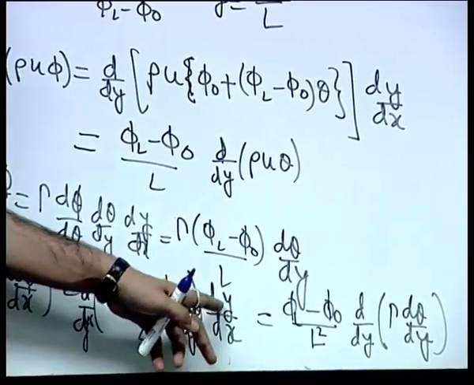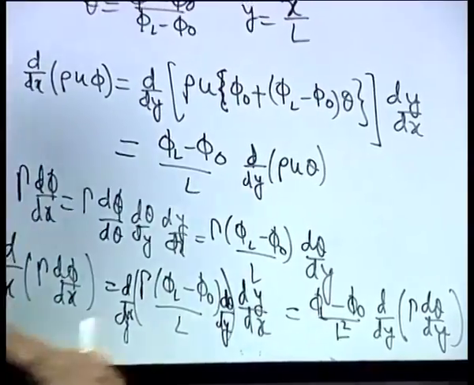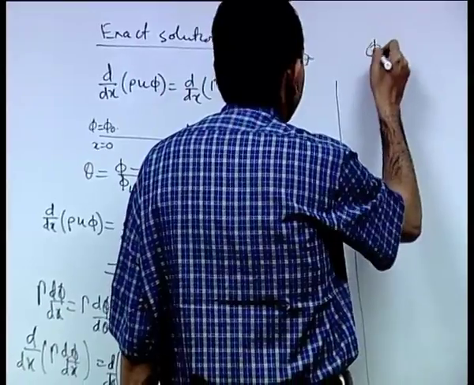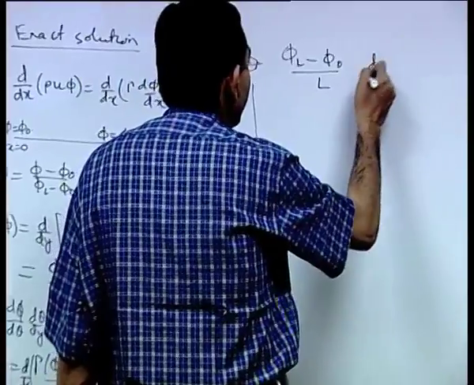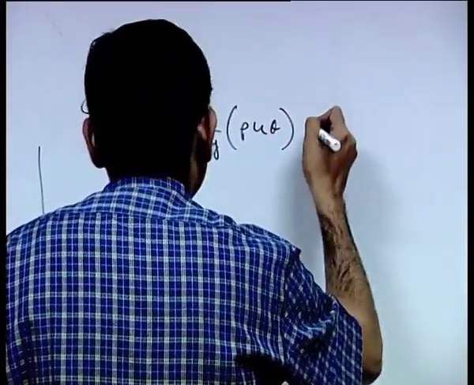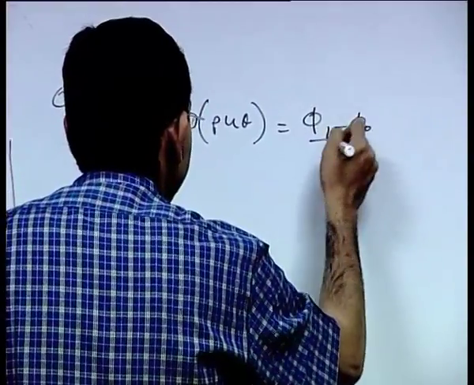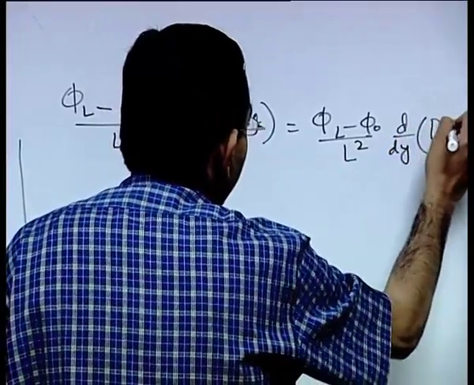There is another 1 by L because dy dx is 1 by L. So (phi L minus phi 0) by L into d/dy of rho u theta is equal to (phi L minus phi 0) by L square into d/dy of gamma d theta dy.